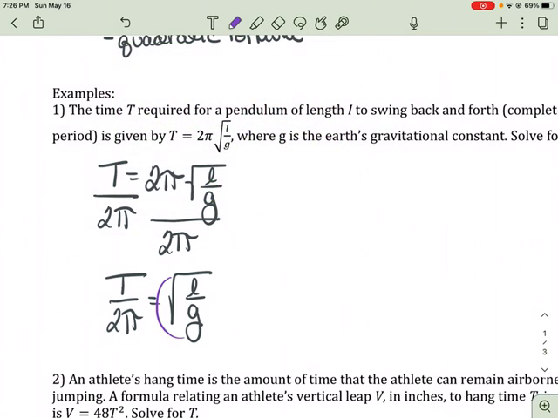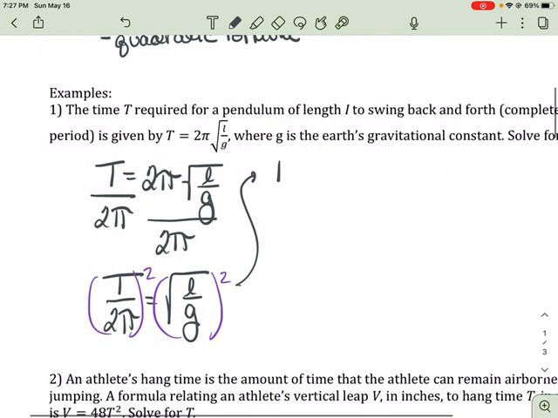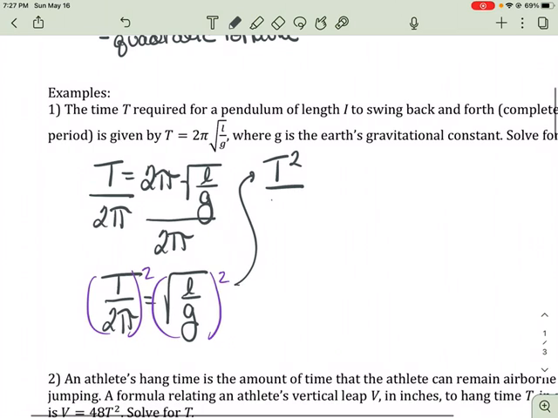Now our radical is by itself, so I'm going to square both sides because it's a square root. This is where the quadratic part comes in. I'm going to give everybody a squared. So we get t squared over 2 squared pi squared is equal to L over g. I don't think we can do much with pi squared, but we can make the 2 squared a 4.